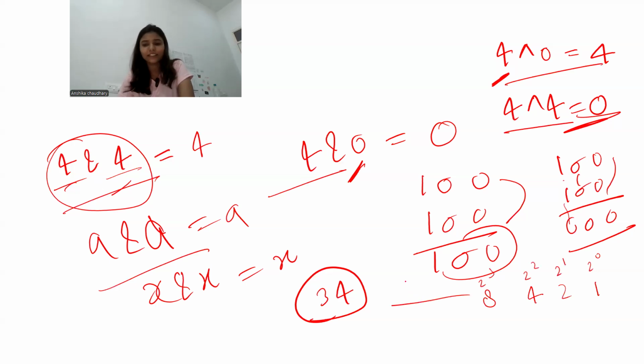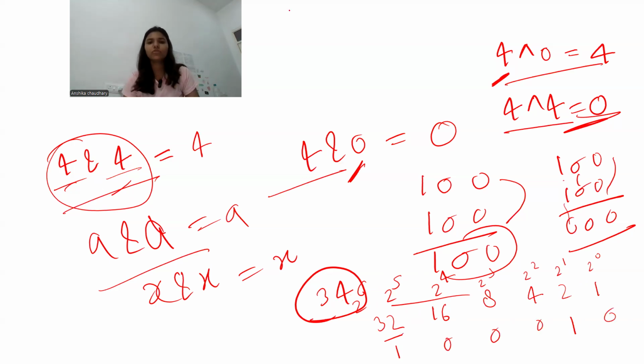You can expand this series: 2 raised to the power 4, 2 raised to the power 5, 2 raised to the power 6. Whatever digit you have to convert, you can easily do. So it will become 16, it will become 32, right? So for 34, what will be required? 32 plus 2. So we will mark 1 and 1 here, and the rest of the places will be 0. So this is the binary code for 34, right?